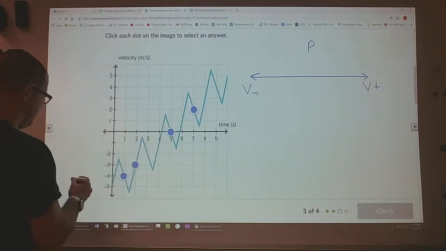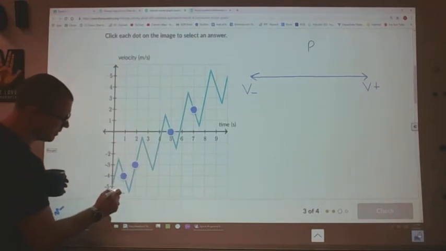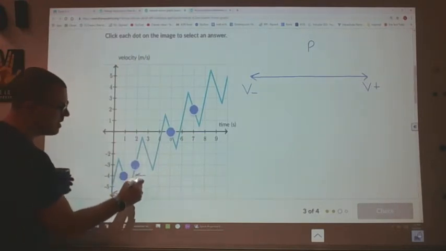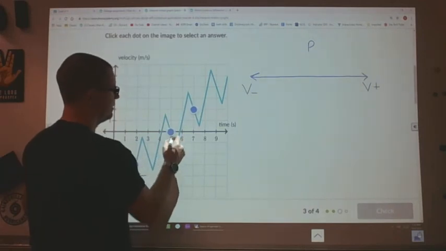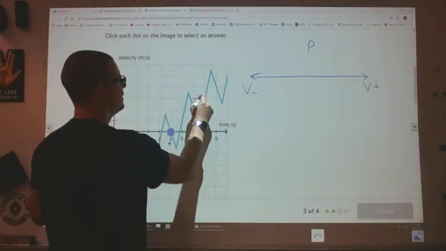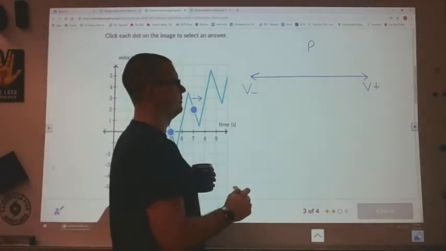So let's find the velocity for all of these. Velocity is negative, so he's going that way, that way. Velocity there is constant. The velocity here is positive, so he is going forward. Now, let's look at the acceleration.